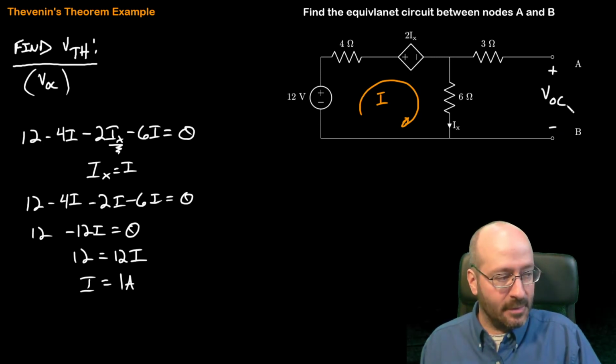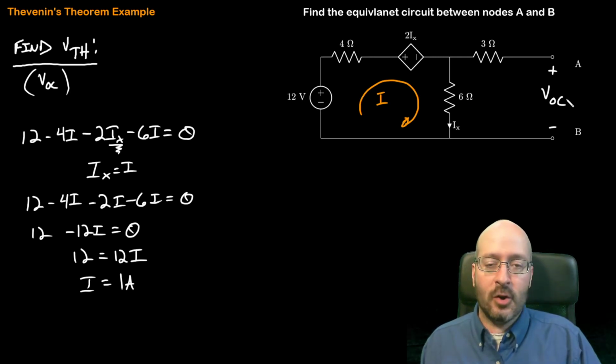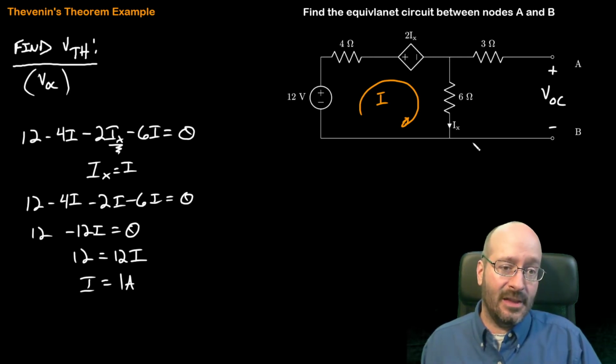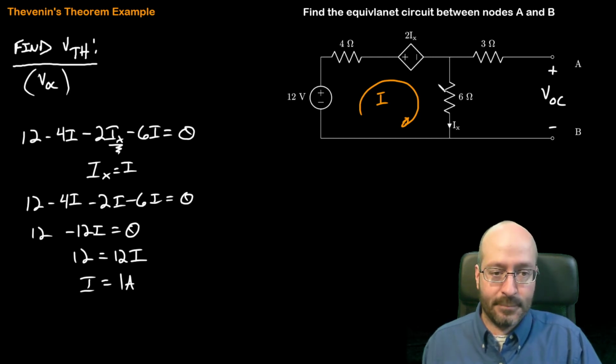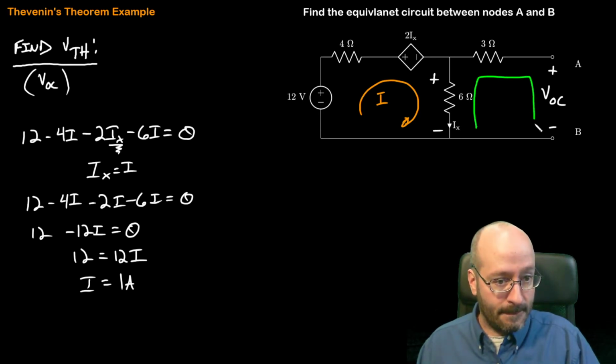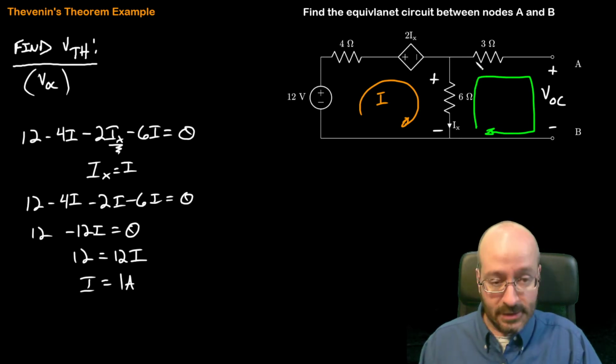I should have drawn that from the get-go. There's V open circuit. So if I want to find V open circuit over here, then I have to write some KVL. And I can write the KVL. I could write it all the way around, but I am lazy, and that has more terms. I can just as easily write the KVL around here. Okay, as long as I know all the voltages.